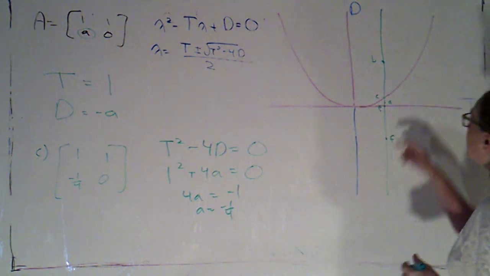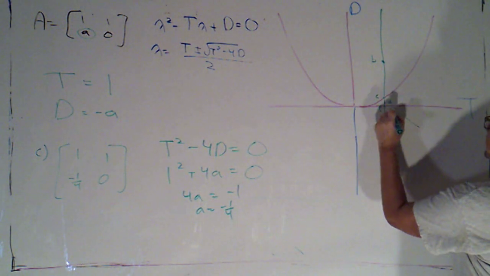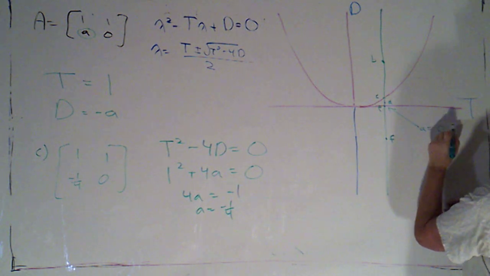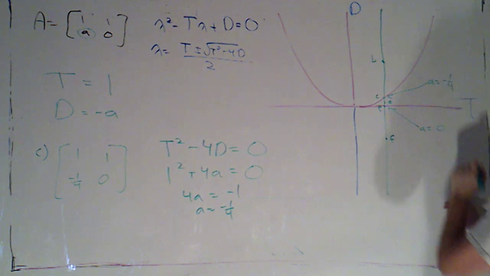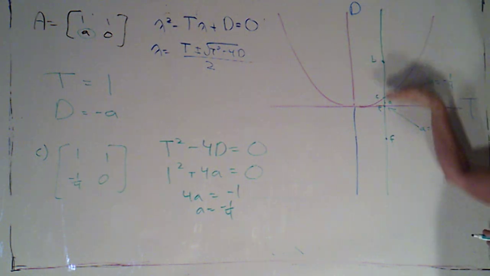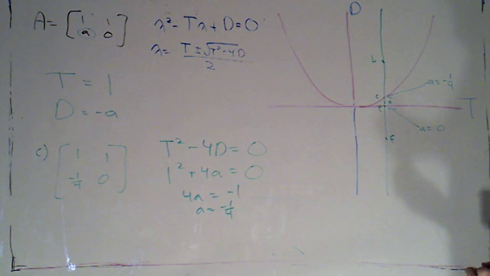Okay. Notice we're here if a is equal to 0. We're here if a is negative 1/4. That's consistent with the fact that I said that the orientation was going to be downward.